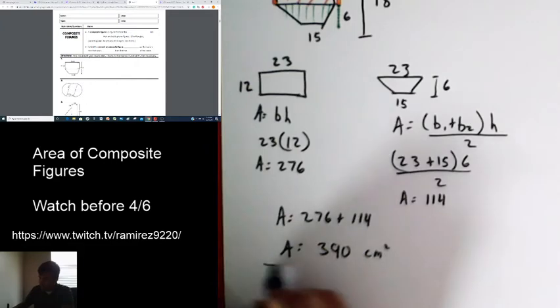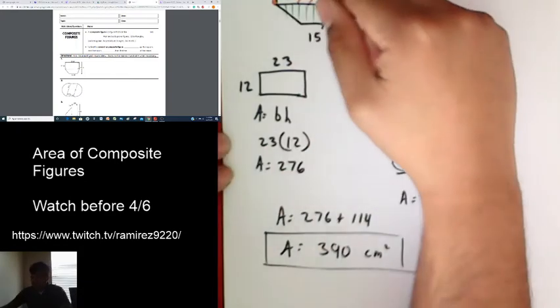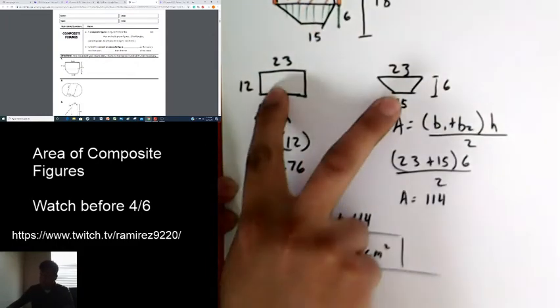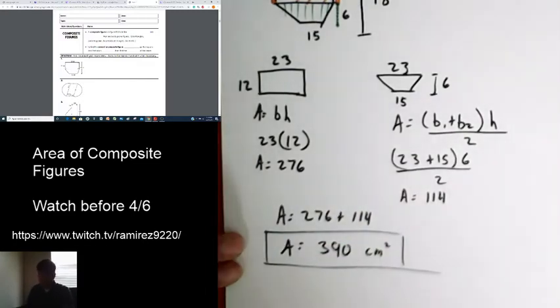Don't forget the units. I don't always write them down there, but they are very important. Please realize how it all started: we had two shapes, broke them up, found the area of each one, and added them in the end. That was it.